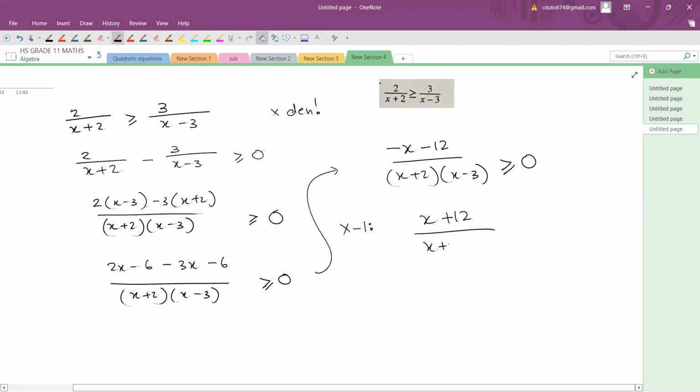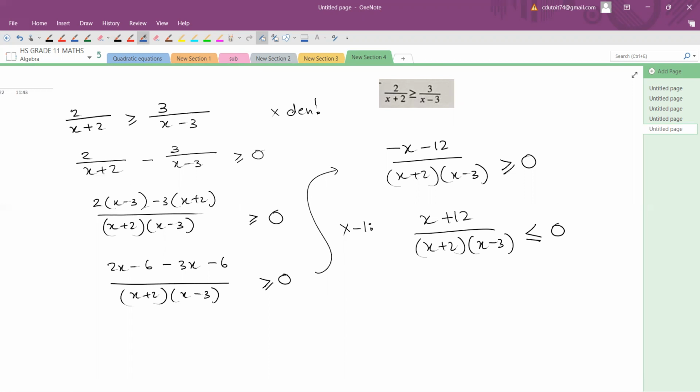Yes. Happy? But then this larger or equal sign changes around. So now I've got a change of that sign. Why? It's just as if I've taken this whole fraction and taken it over to the other side of the equation so that the signs might change.